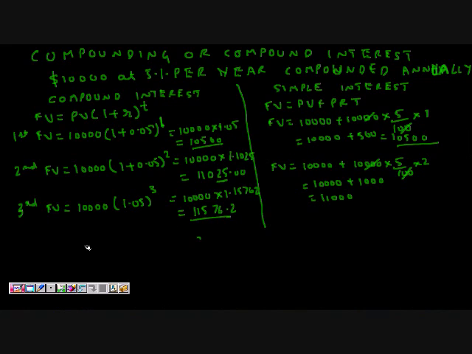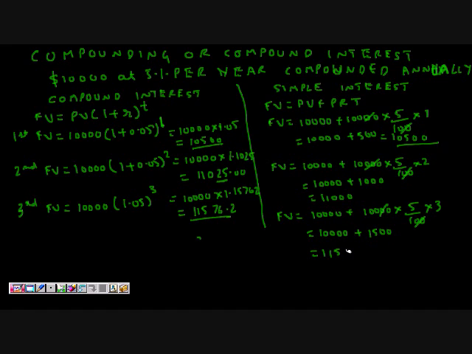Now, how about if we calculated the interest at the end of third year? Future value is equal to 10,000 plus 10,000 into 5 by 100 into 3. These two cancel out. So this is 10,000 plus 1,500. So this is 11,500.